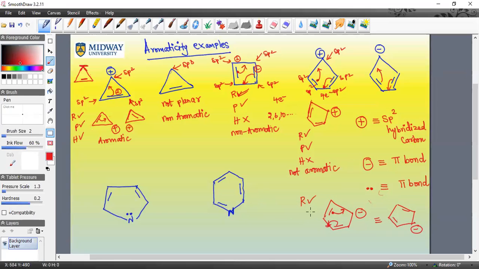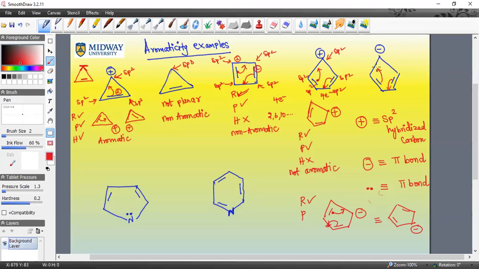Does it pass planarity? Well, the negative charge is a pi bond, right? So yes, it does follow planarity, because you have double, single, double, right? You don't always have to look at hybridization, but this is equal to a double bond.